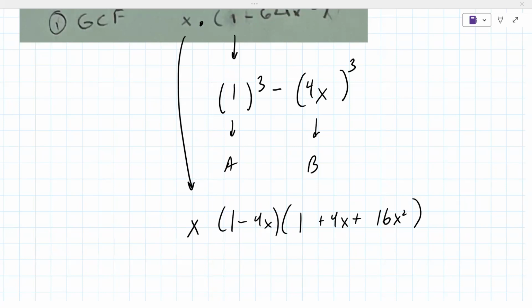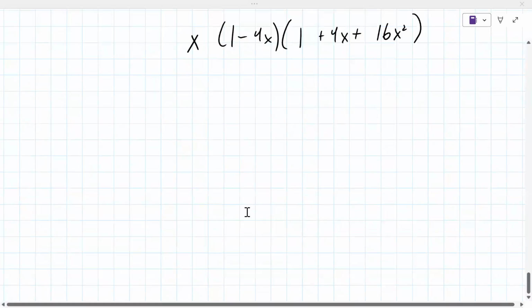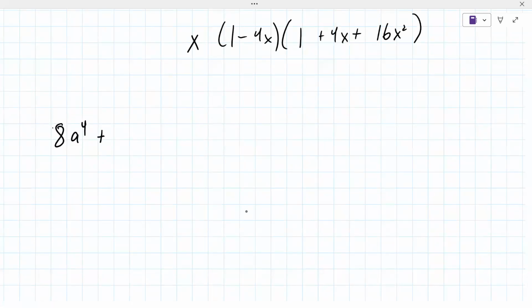Okay, let's do this one. Actually, I'm gonna just write it fresh. Okay, let's say it's 8a to the fourth plus 125a. So this is similar to your problem that you were given in class.